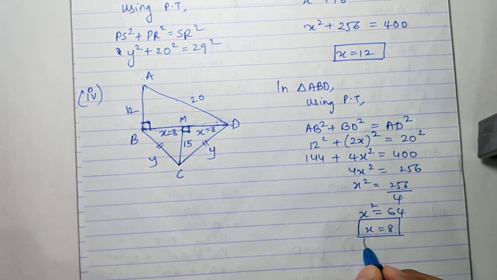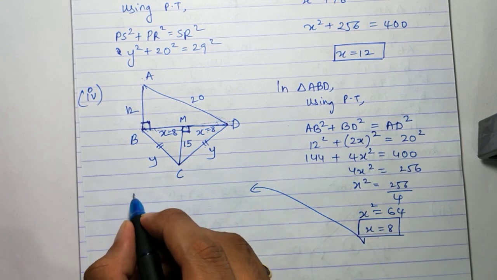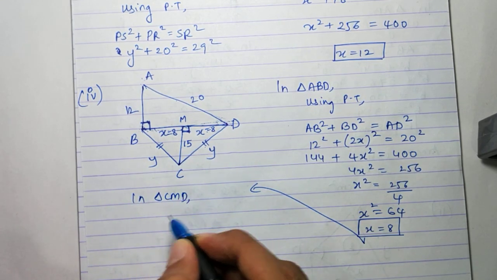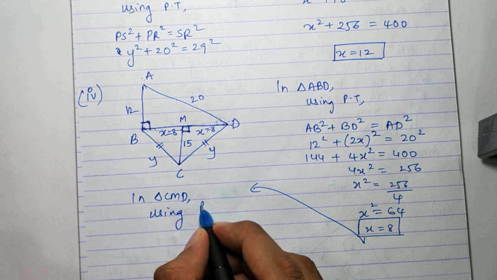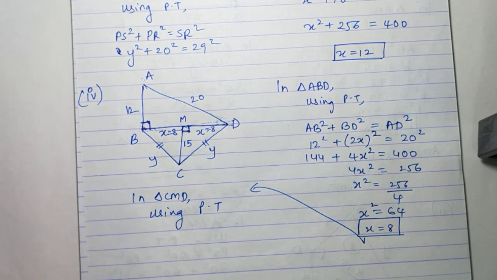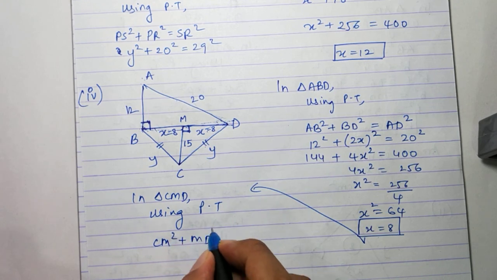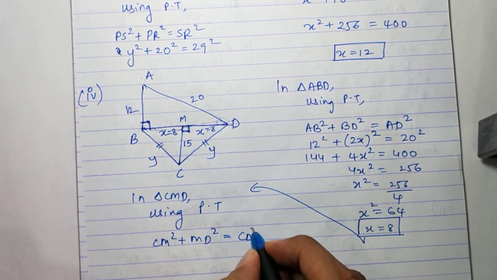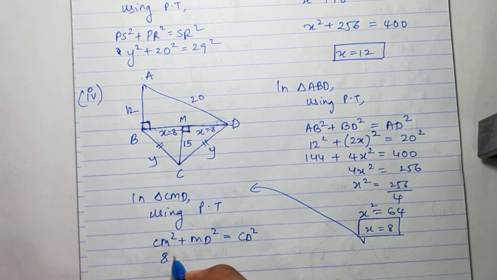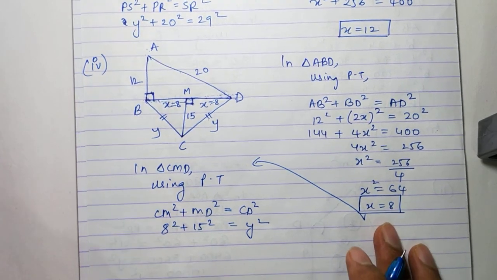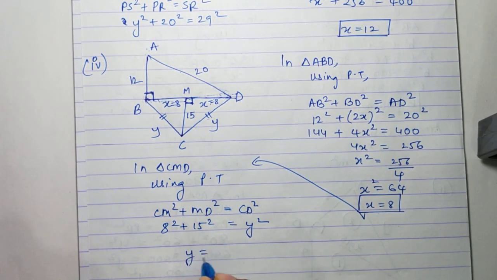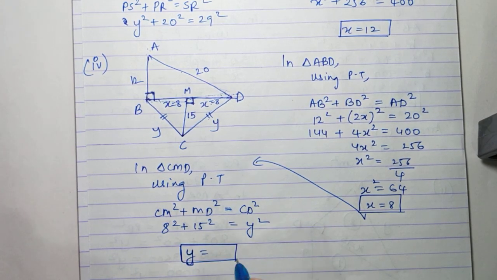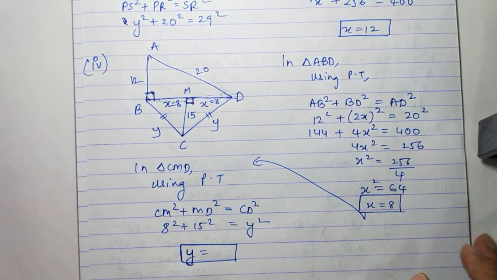So I'll write after this, in triangle CMD, using Pythagoras theorem, CM square plus MD square equals CD square. So that is 8 square plus 15 square equals y square. With this you can find the value of y easily. Complete this.